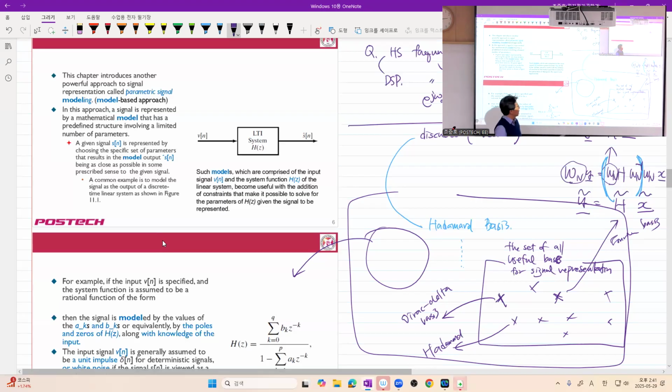But interestingly, this one, so-called parametric signal modeling, is very closely related to what we are doing currently for AI/ML modeling. Interestingly, here comes the same terminology, model.